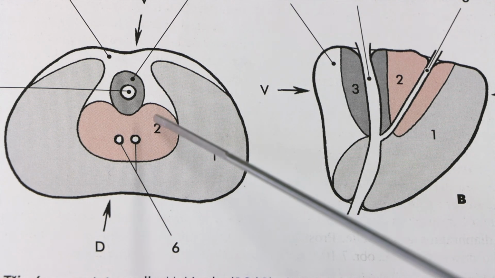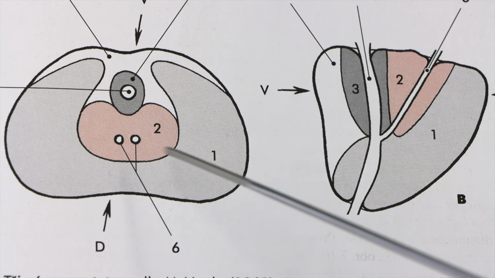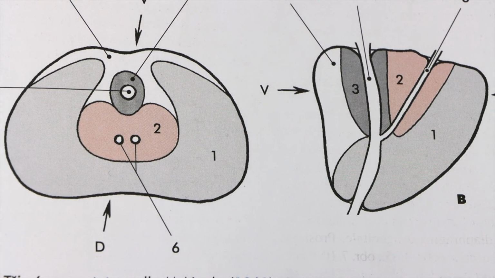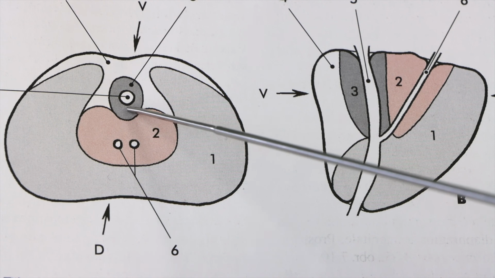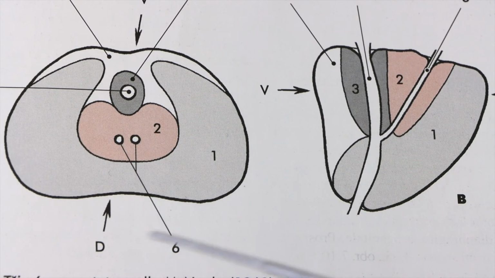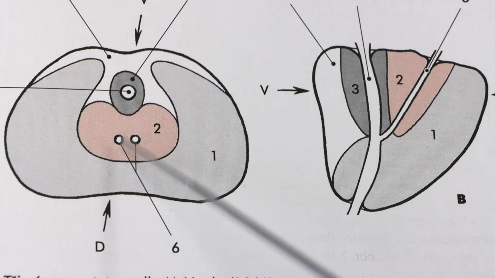Behind the periurethral zone, there is this reddish part, which is called the central zone. This central zone contains submucosal glands. It is the place that is exactly behind the periurethral zone, and it's the place where the ejaculatory duct is passing.